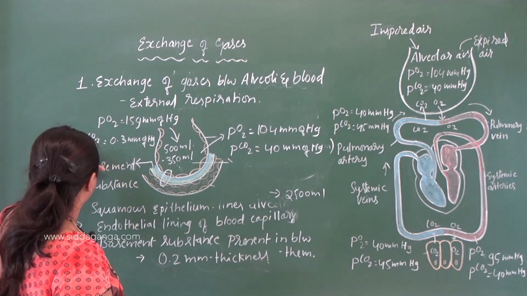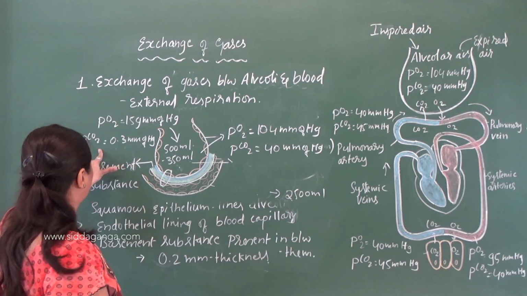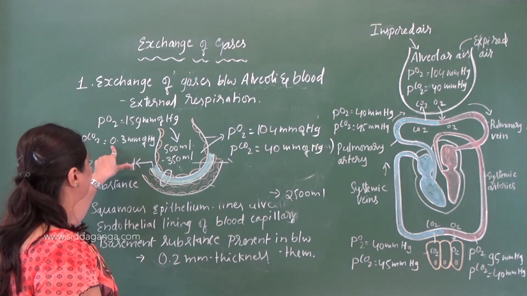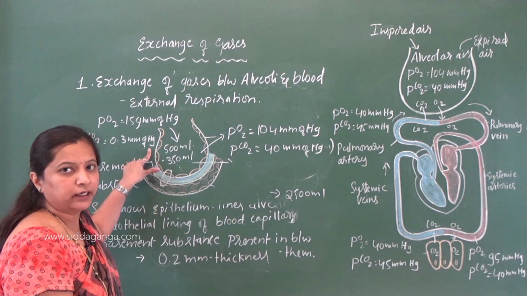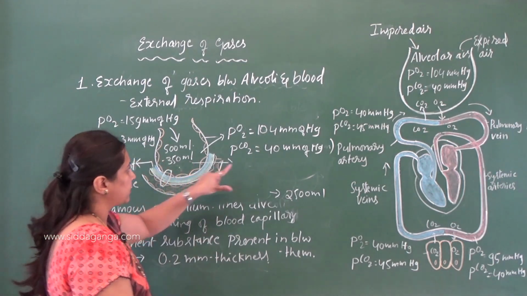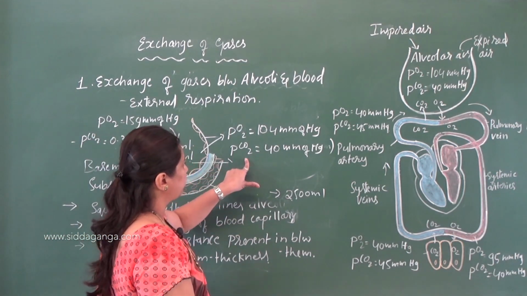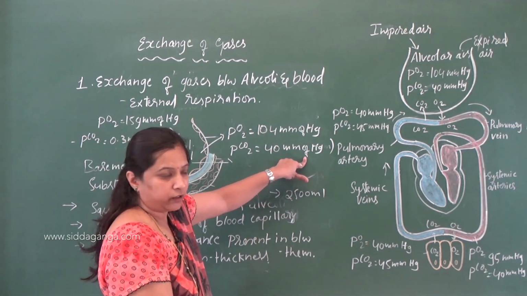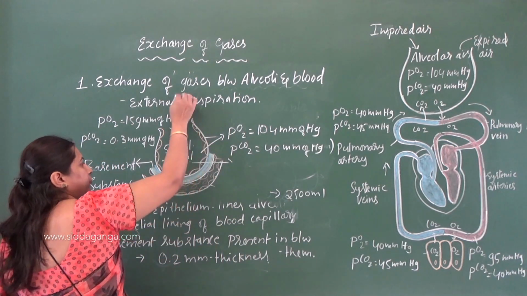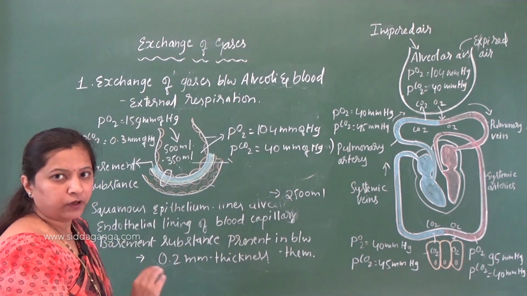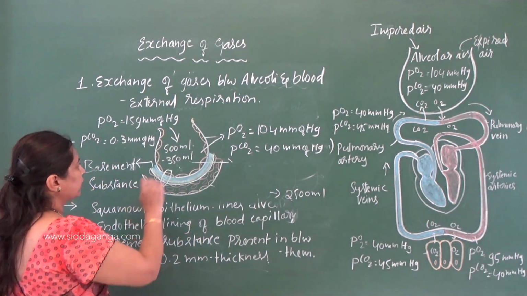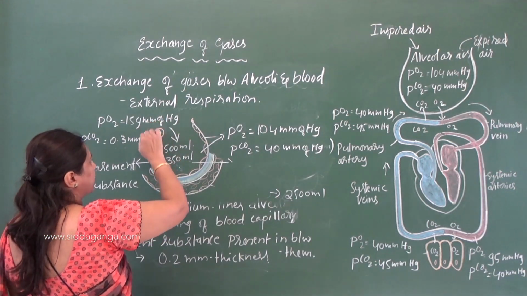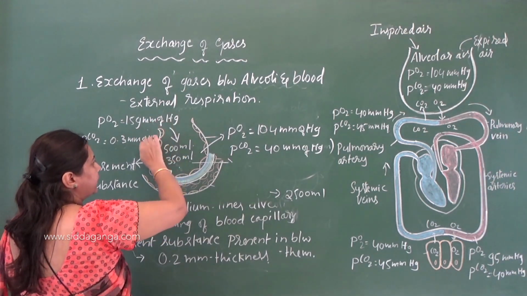Now the partial pressure of carbon dioxide: it is 0.3 millimeters of mercury in the atmospheric air, whereas in the alveolar air it is 40 millimeters of mercury, so the carbon dioxide diffuses out. Understood? Now you know the partial pressures of oxygen and carbon dioxide in the atmospheric air and the alveolar air.